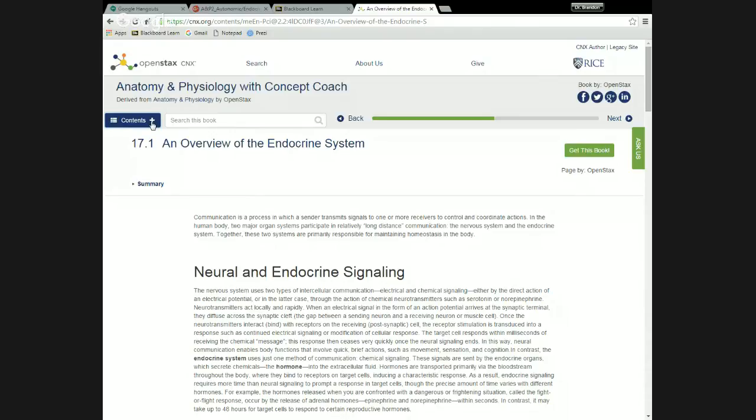The hormone has not traveled through the bloodstream, it's just going to another cell in that same tissue. That's paracrine. So this is autocrine, this is paracrine. And then some of that will get into the bloodstream and travel along and get out and have an effect elsewhere. That's endocrine.